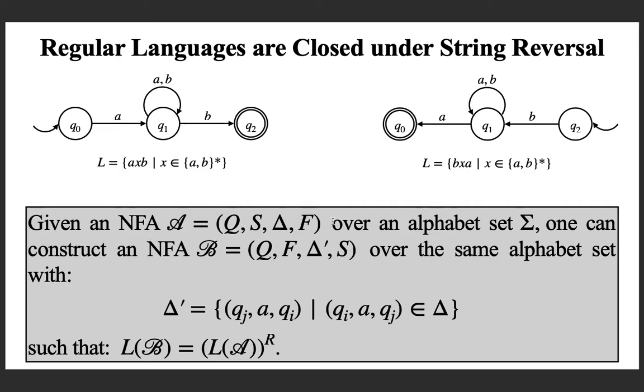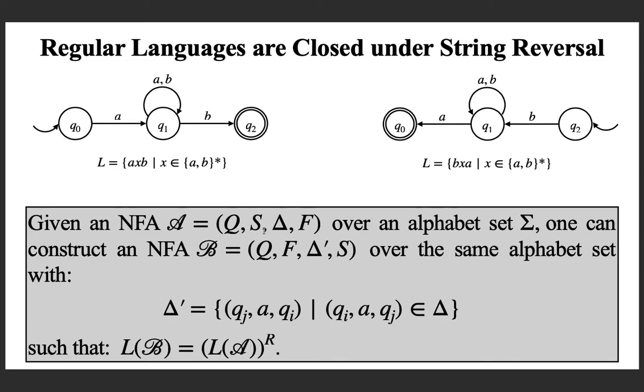So given such an NFA over an alphabet set sigma, one can construct an NFA B from this with the same set of states. In the new machine, the set of start states is actually the set of final states of the given machine. So the given machine's final states become the initial states of the required NFA. And the transition function is new, we will define it here, and the set of final states is nothing but the set of start states of the given NFA.